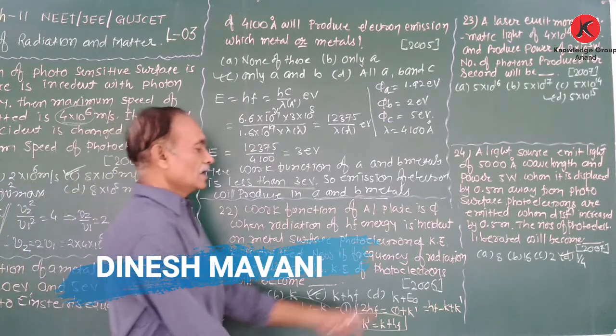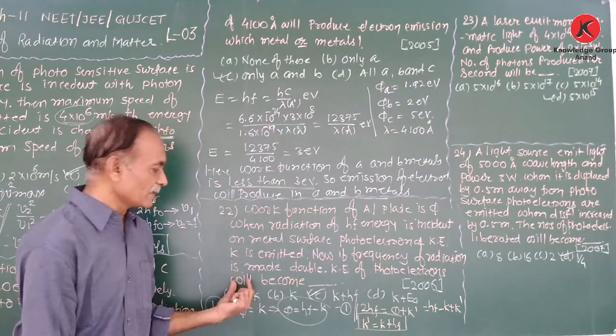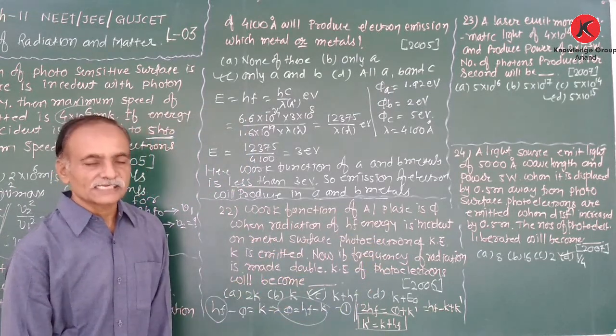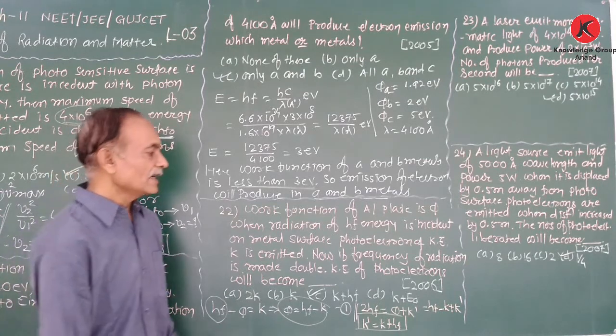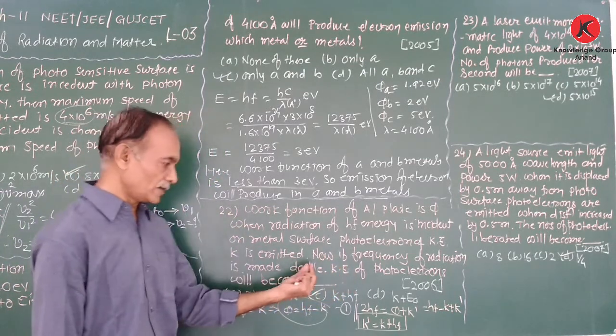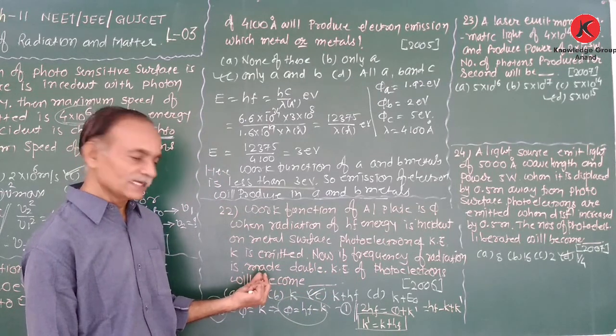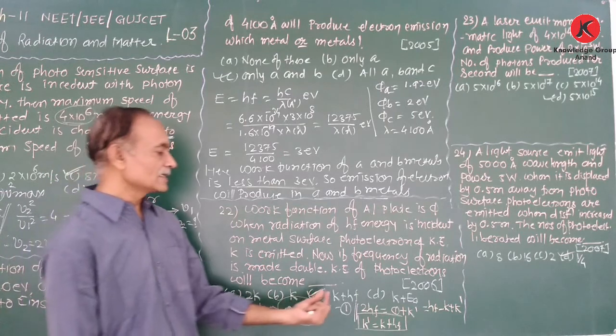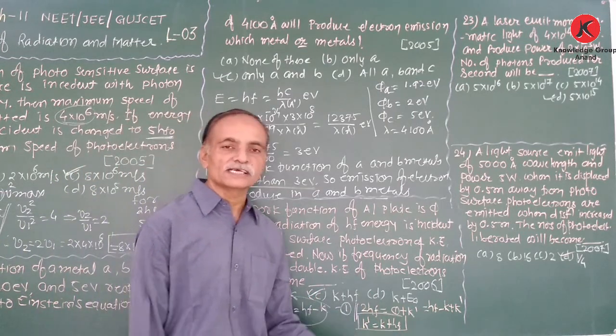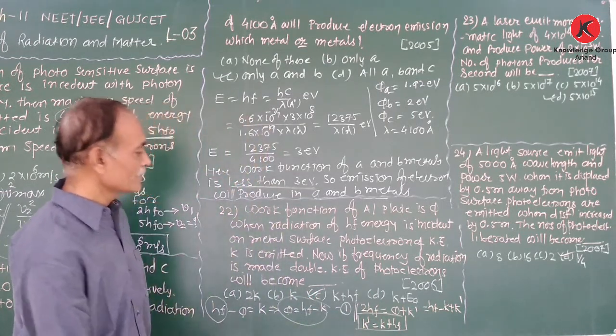Therefore, the kinetic energy of the photoelectrons becomes K plus hf. That means there is an increase by the hf amount, because the energy of the photon incident has now become double, from hf to 2hf. Therefore, the kinetic energy is also increased by the hf value.